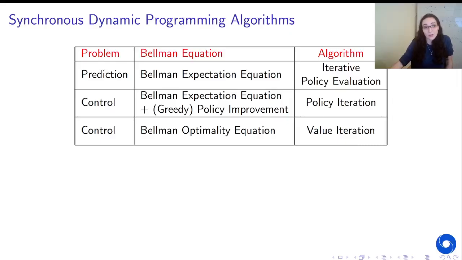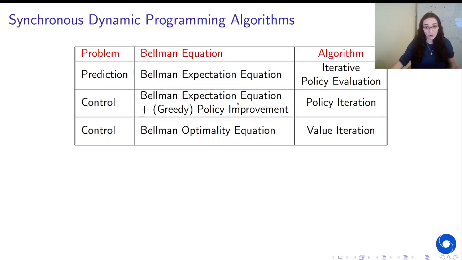That is it for synchronous dynamic programming algorithms, and this is just tables summarizing the things that we have covered so far. So first we started with the prediction problem, an evaluation of a policy problem, where we took the Bellman expectation equation and turned it into an iterative update leading to the iterative policy evaluation algorithm. And then in the last two sections we've looked at tackling the control problem via policy iteration, and then just now value iteration.